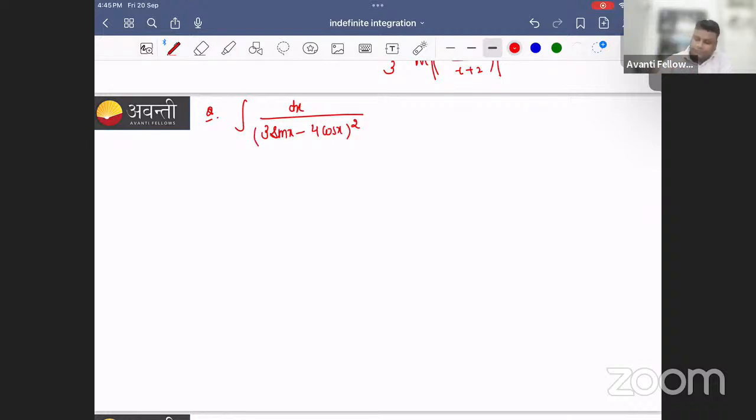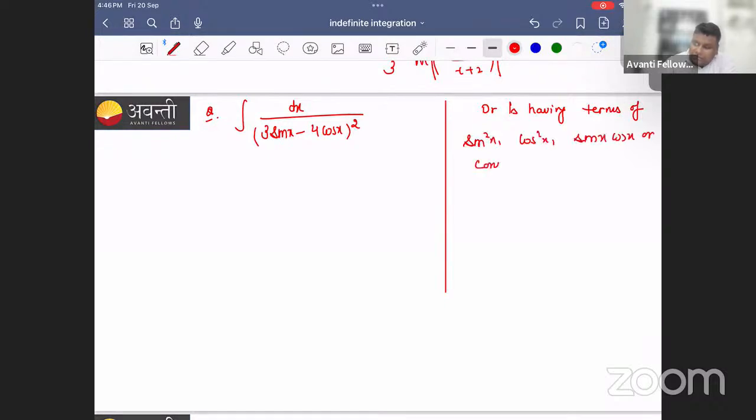Now see, as a variety, if the denominator is having terms of sin square x, cos square x, sin x cos x or constant, then what do we do?